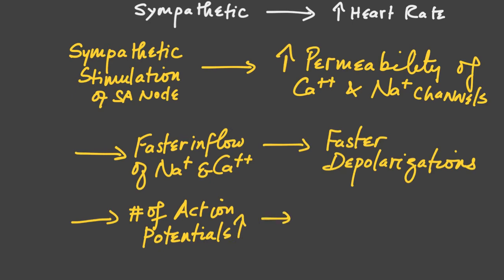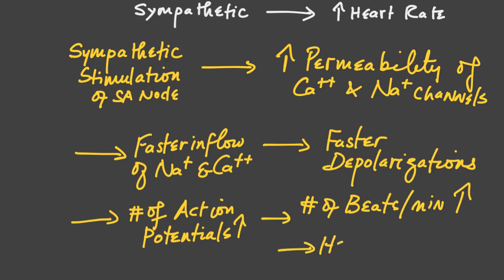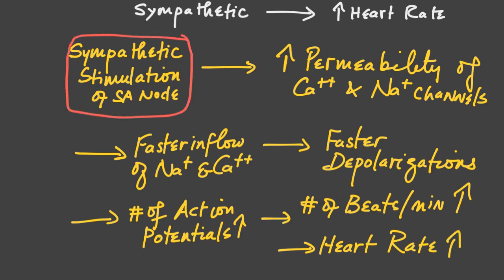So if that goes up, the heartbeats per minute goes up as well. So number of beats per minute goes up. So that's the arrow going up, meaning it increases. And so the heart rate increases. Again, we use the arrow going up. So here we have it. Sympathetic stimulation of the SA node results in an increased heart rate.